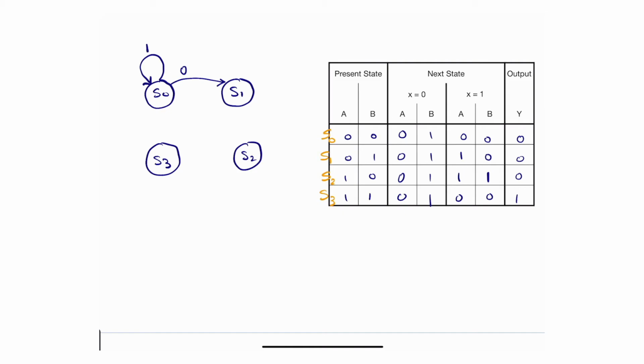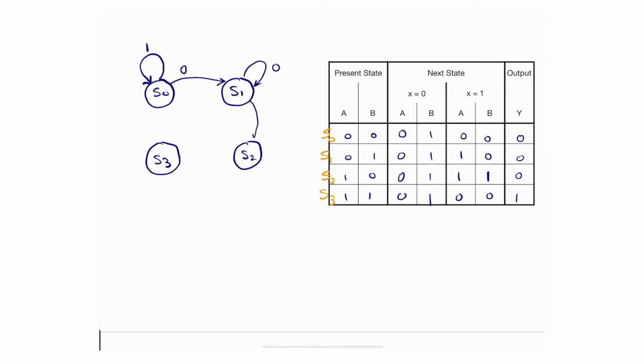The same goes in here for S1. I can see that if the input is 0, the state stays in the same place, which is 1. Other than that, if the input is 1, I'll go to state number 2. That tells me that here is whenever it's 1. So I'm going to go to state number 2. It's telling me that for state 2, if the input is 0, you go back to 1. So I can just do that here.